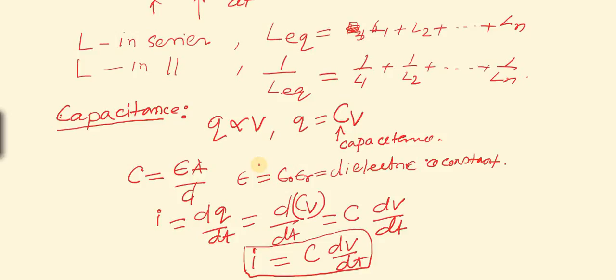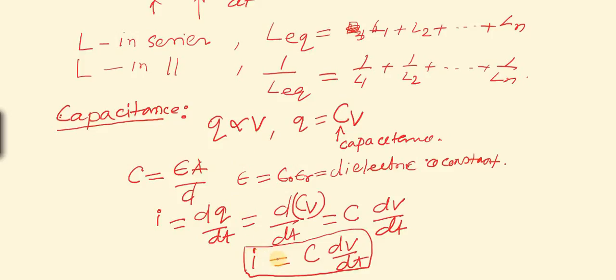Earlier we had seen that the inductor becomes short circuited in case of a DC circuit, that means when steady state current flows.